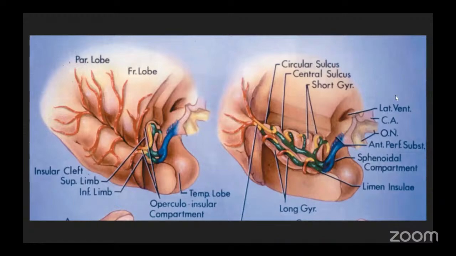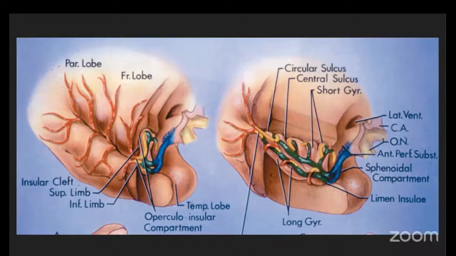These illustrations might not make sense, but I promise the next ones that are coming will make sense. So you can follow the MCA here, and this blue portion is M1, the green portion is M2, the yellow portion is M3, and the red portion is M4. If you see, this is following the sphenoidal compartment of the Sylvian fissure. From there, you see that it is bifurcating.